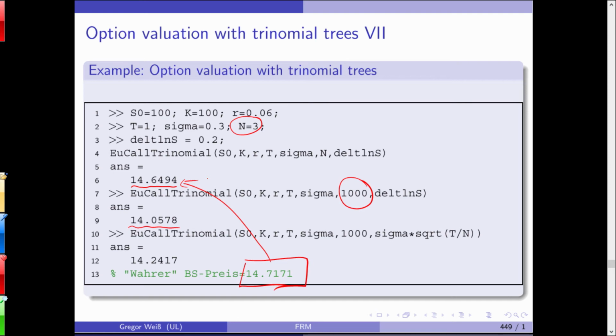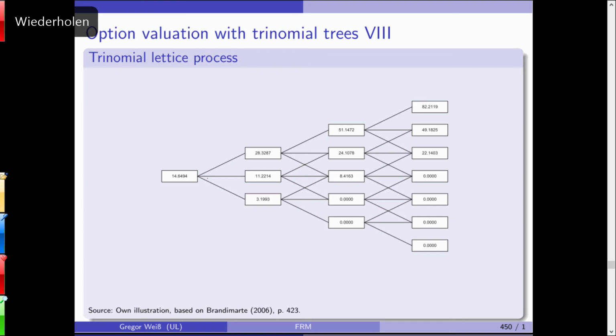In this case, the model gets more flexible and we might need slightly fewer discrete steps than with the binomial model. That is why the price is actually quite good here, even with 3 steps. Okay. This is the trinomial lattice process. You can see it's fairly more complicated, and you get the option price here at the end, or at the start, if you will.